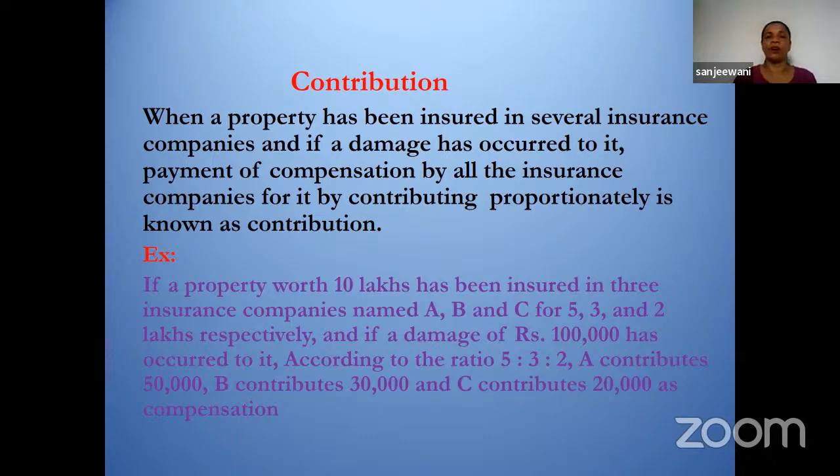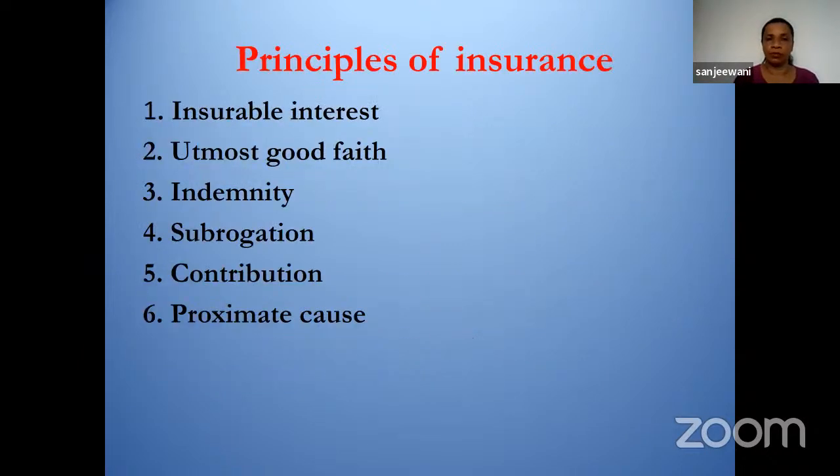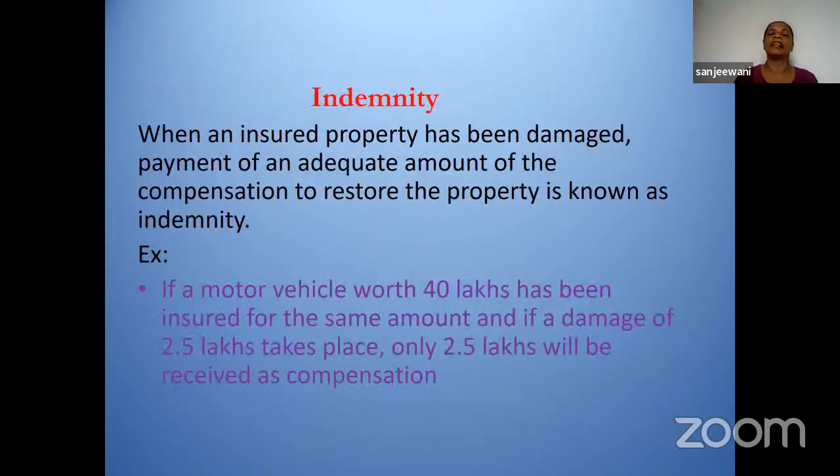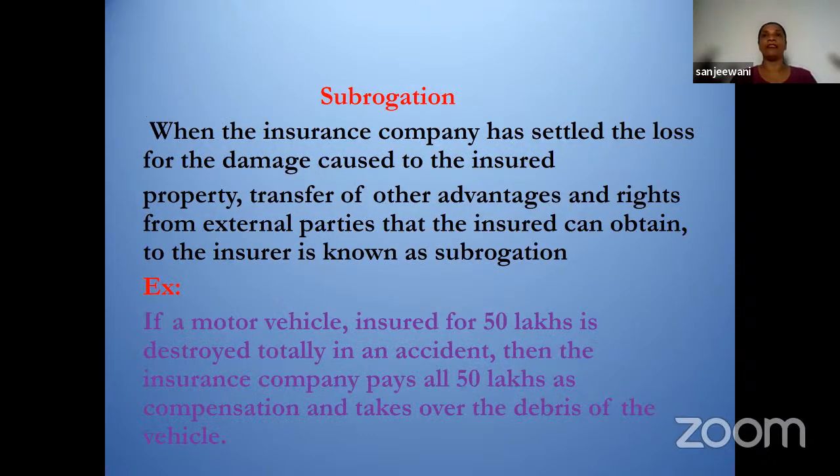So altogether we have discussed insurable interest, utmost good faith, indemnity and contribution. The next one is subrogation. What is subrogation? Suppose you have a ship that got sunk in the sea. You had insured that ship, so the insurance company paid you the full amount because you lost the ship.